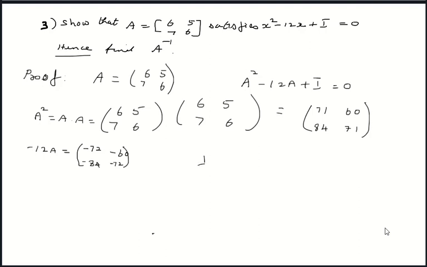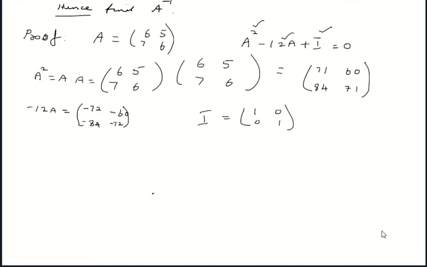Now I know what is I matrix. I matrix is 1 0, 0 1. So I have individually found what is A square, what is negative 12A and what is I. Now I need to add all. Therefore A square minus 12A plus I matrix should be equal to a 0 matrix, right?